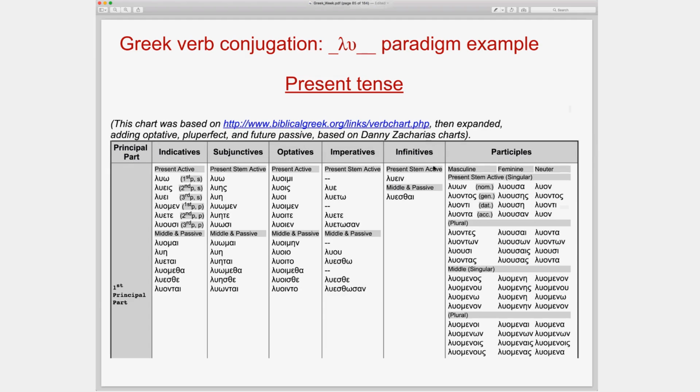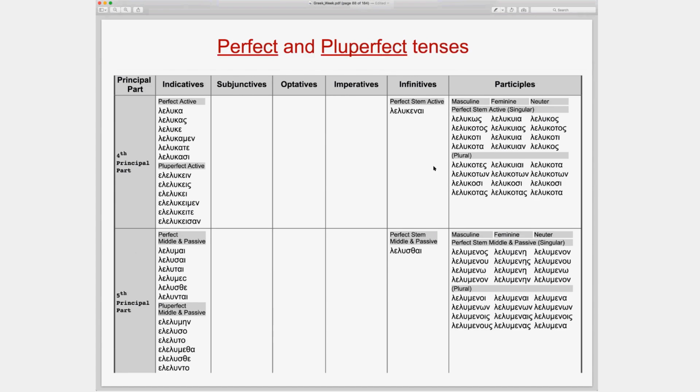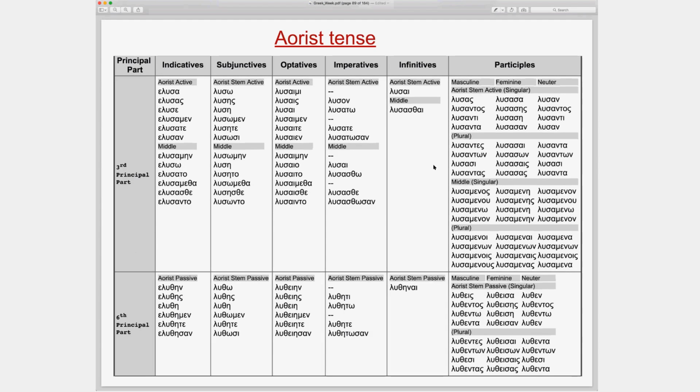In present, the middle and passive are combined, so you have the same spelling for either. Here, everything makes sense with the aorist tense if you just keep it to stating the fact.